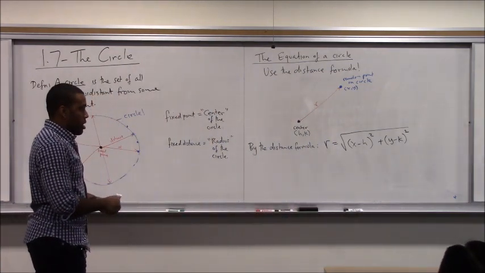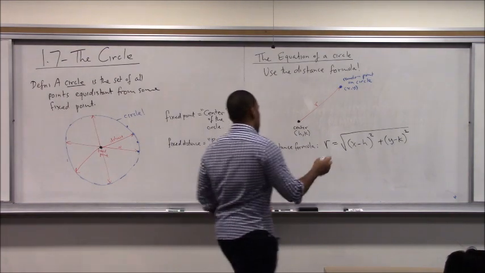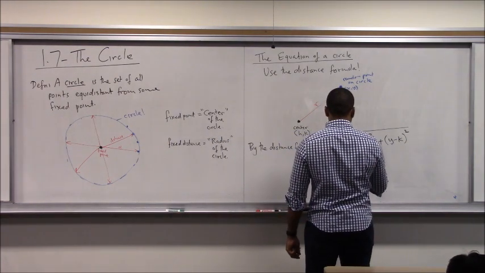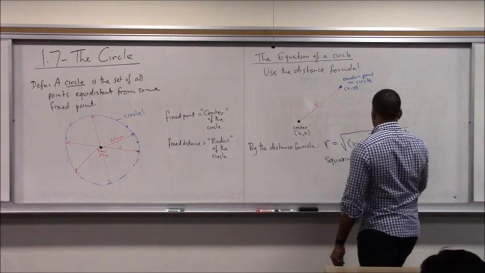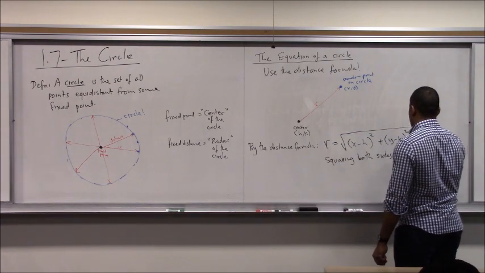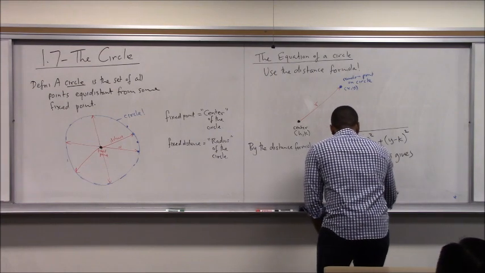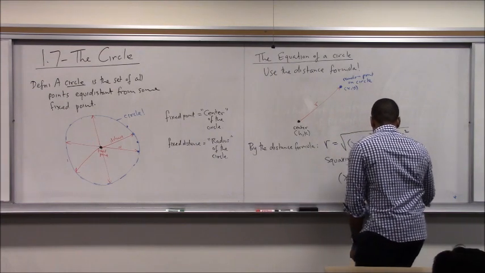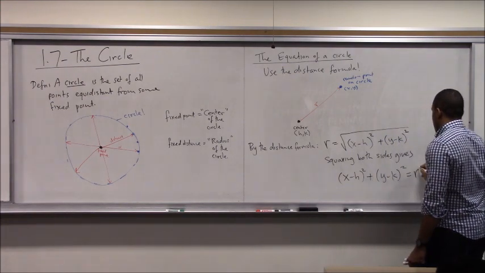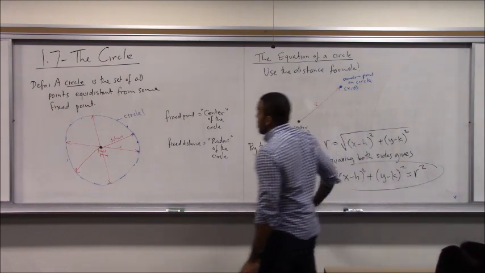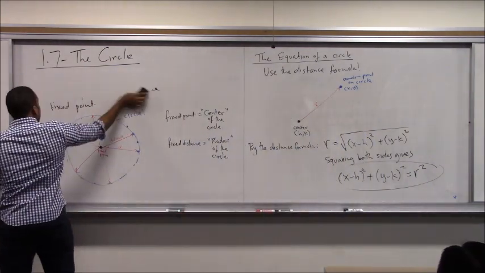That's a formula to get the r. And customarily, we would square both sides. And we would get x minus h squared plus y minus k squared equals r squared. And this is the guy we're after. So this gives us the equation of a circle.